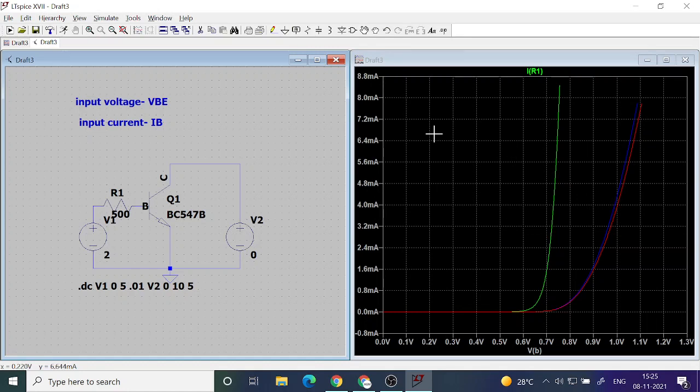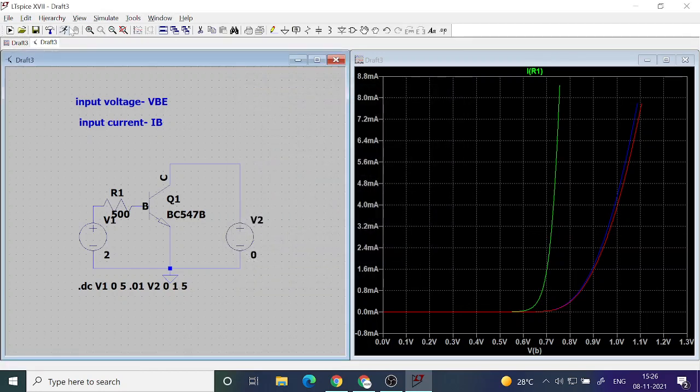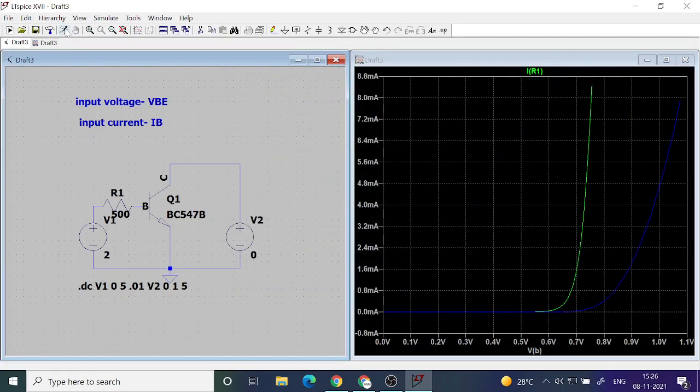Okay, let us make sure of that. So yeah, the green is the first curve, and then the blue, then the red.